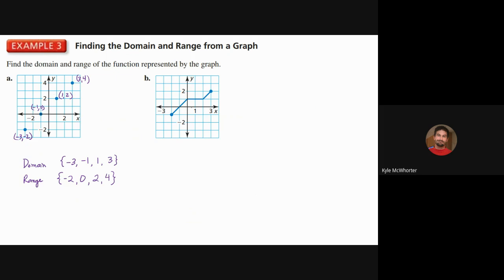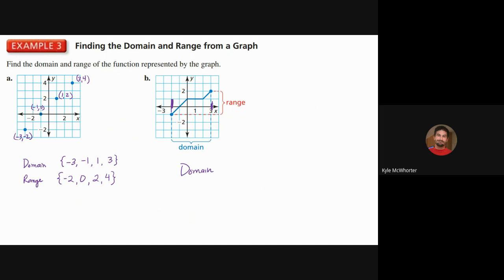What about B? Well, B is a little bit different, right? Because on A, there was only 4 x values that could even work. But on B, it's every x value from -2 all the way over to +3. So your domain is going to be every x value from here over to there. You can write this with an in-between statement.